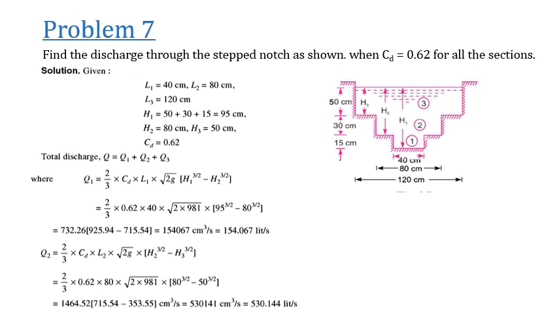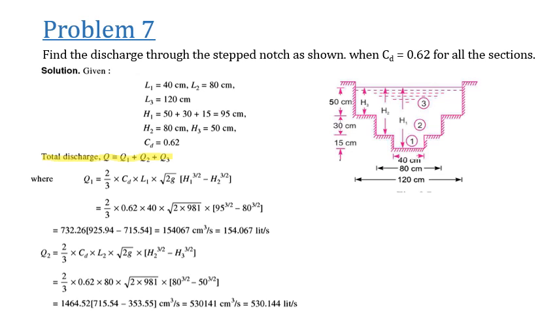So in case of step notch, the total discharge is the summation of discharge through each step. So for Q1 it is 2/3 Cd × L1 × √(2g) × (H1^(3/2) minus H2^(3/2)).